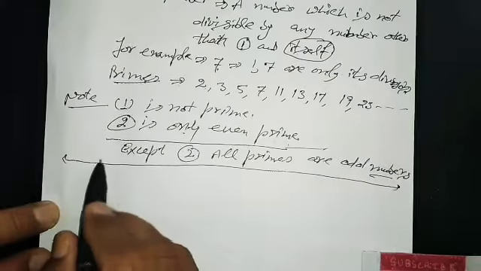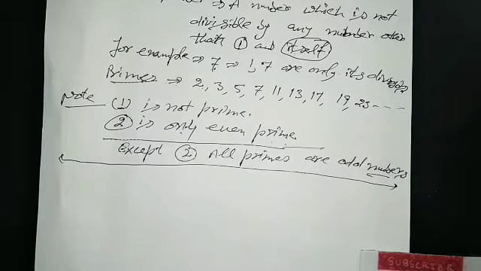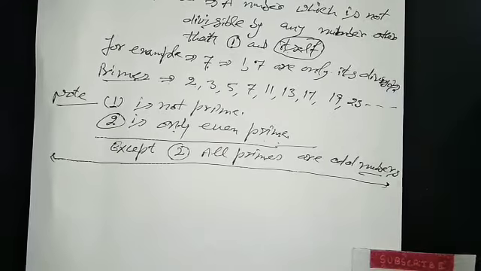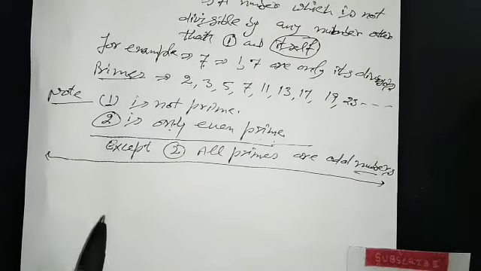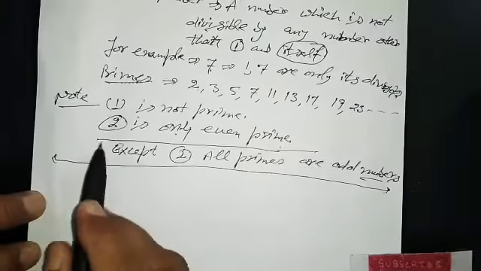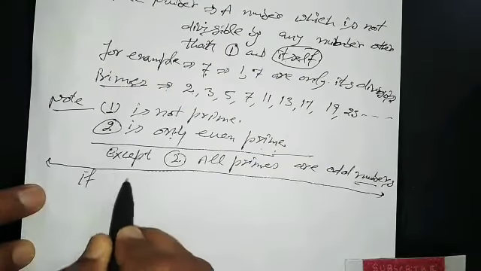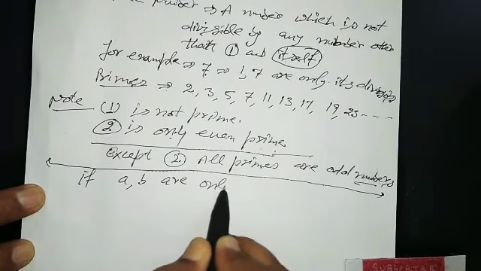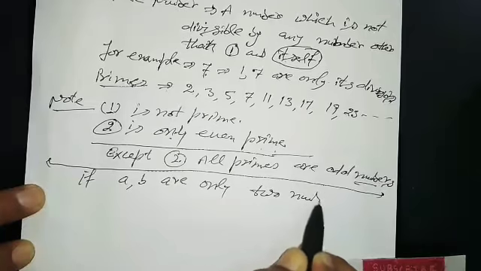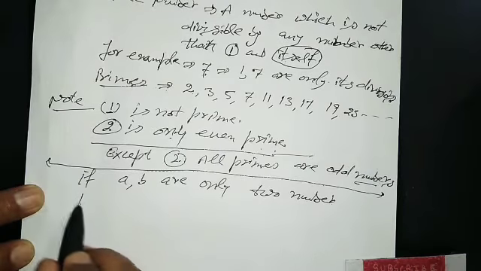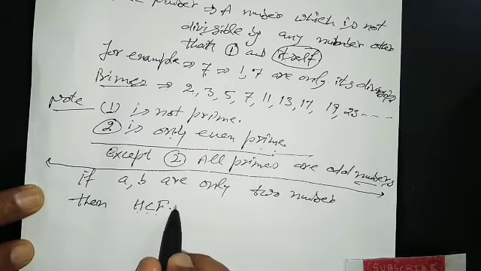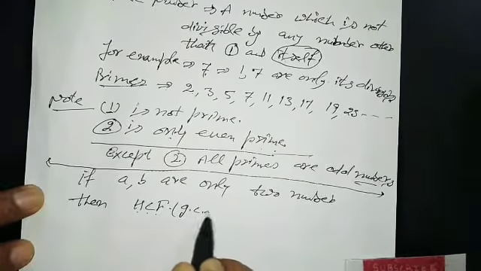Also, you have learned that if you have to find the LCM or HCF of two numbers, then you have a process. You have learned about that, but I will give some reminders. If we have two numbers, A and B, you know what is HCF, highest common factor, HCF or GCD.